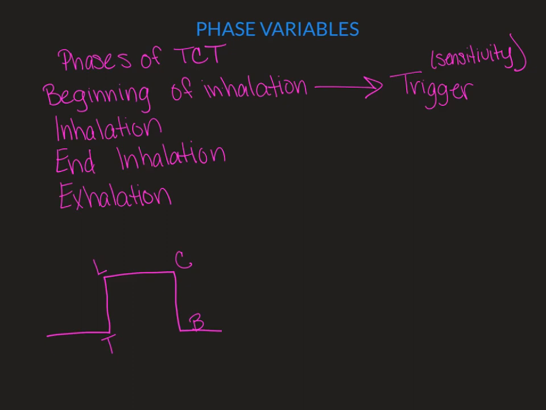So inhalation will correlate with limit. On the IPPB, we are setting a pressure limit. The definition of limit is it's a set variable, and in the IPPB's case, it's a set pressure at a certain place. We'll set this pressure at a certain place and it keeps it there, but it does not end the breath.